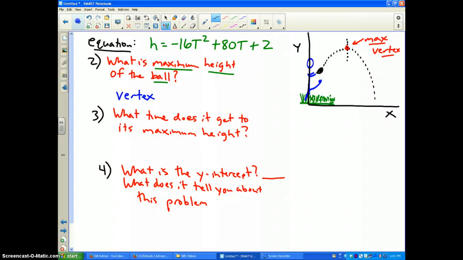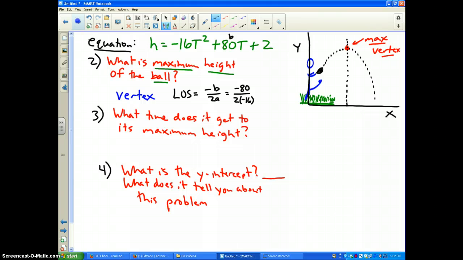Obviously, the x-coordinate of the vertex is the line of symmetry. So we know that the x-coordinate of the vertex, the line of symmetry, is negative b over 2a. Well, b is 80. So I'm going to put negative 80 in there, all over 2 times a, which is negative 16.